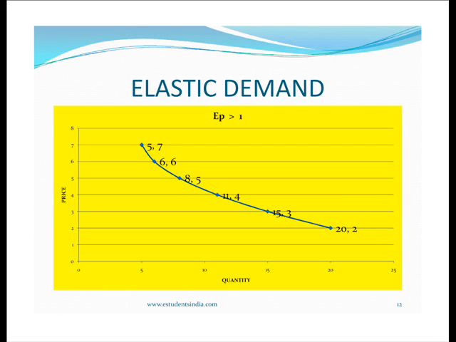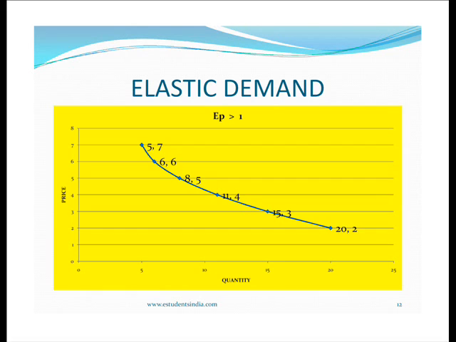When the price is rupees 7, total expenditure is 7 into 5, rupees 35. When the price is 6, total expenditure is 6 into 6, rupees 36. When the price is rupees 5, total expenditure is 5 into 8, rupees 40.